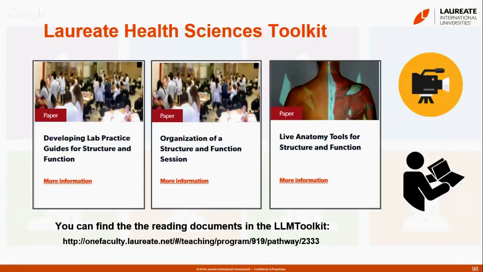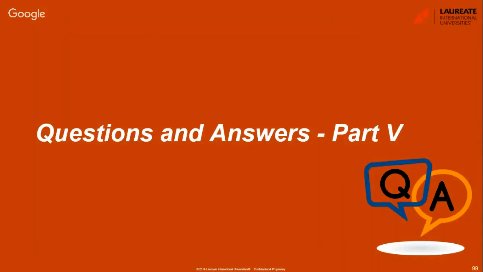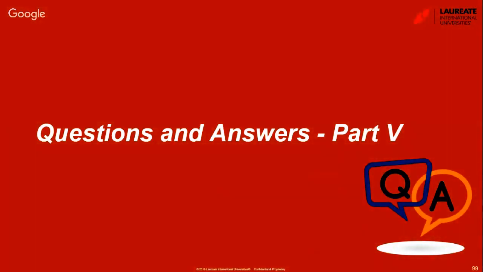Some people in the chat asked for papers and research about this methodology, and you can find much of it in the toolkit in the One Faculty. That would be very nice if you can go there to access.